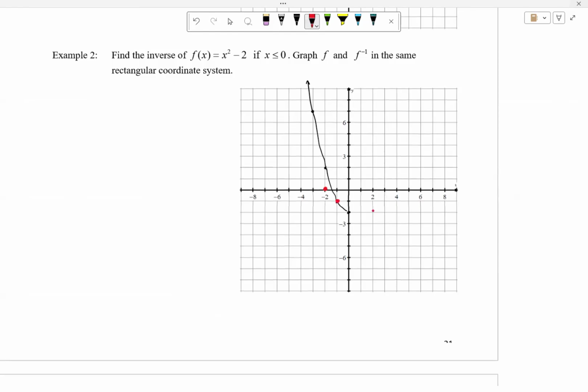Nice, I got my 1, 3, 5 pattern here. Is that a match? I hope so. And I'm going to dot in the line y equals x to illustrate.